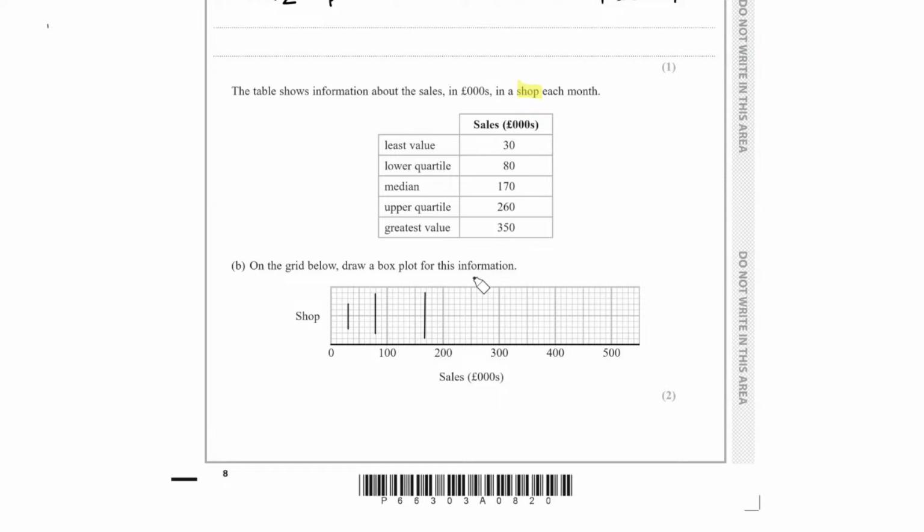Okay, upper quartile 260, which is here. Obviously, you'll be able to draw a lot more easily with your ruler and pencil in real life. And then the greatest value is 350. Okay. Then you join up, obviously, the 3 in the middle to create that box.